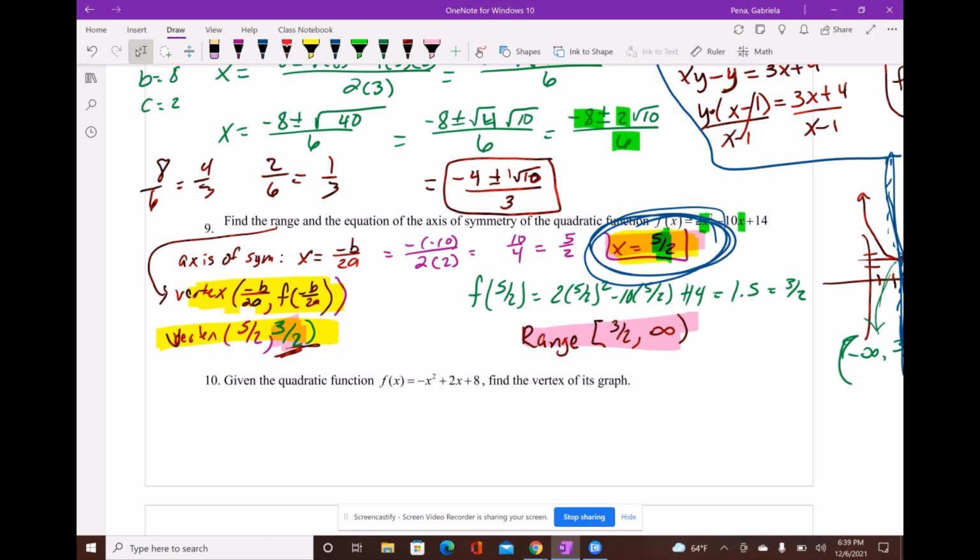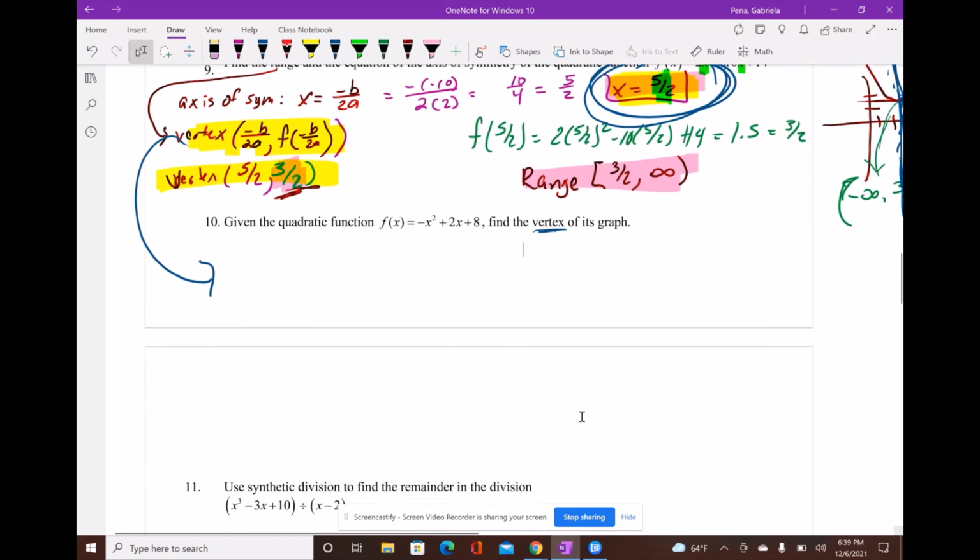For number 10, you're going to be using the same formula for this one. So go ahead and try to do that one. The vertex, that's all it's asking for. Find the vertex of its graph. So go ahead and start working on that one. To do that, you have to find negative b over 2a. Just follow that formula.